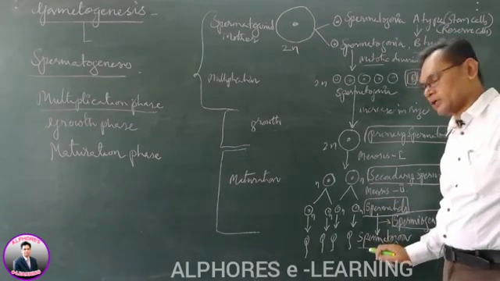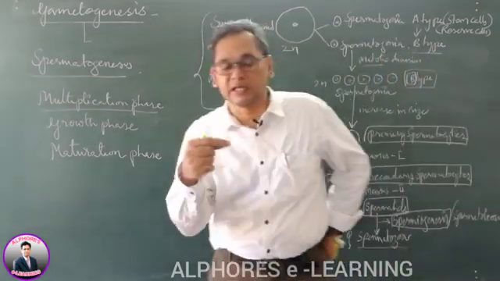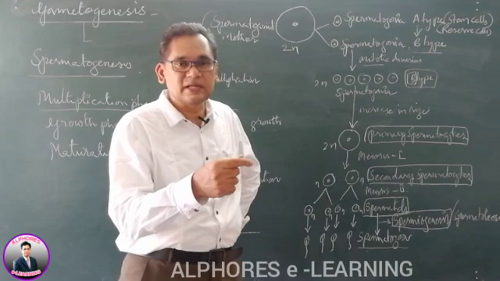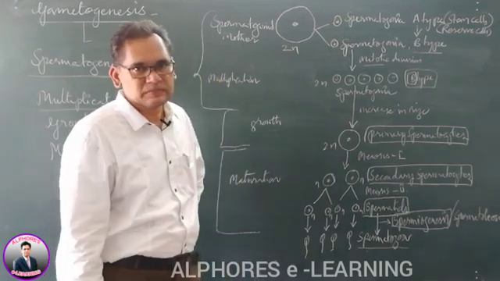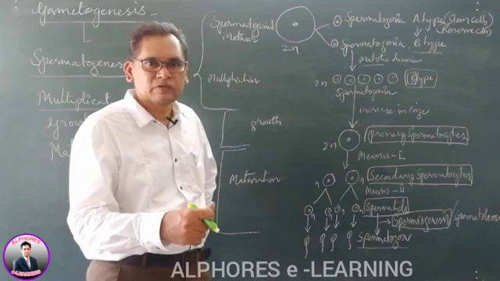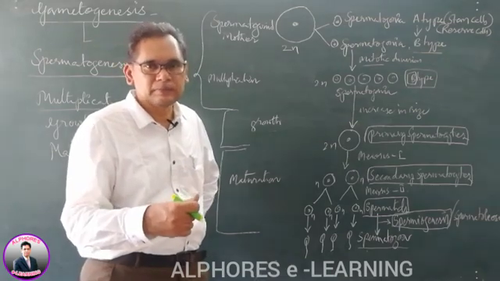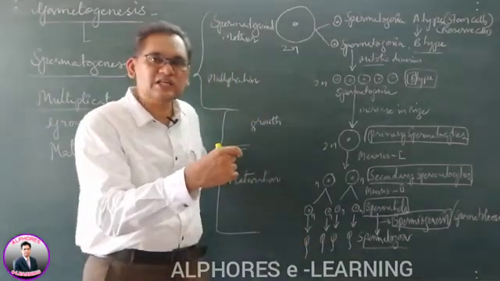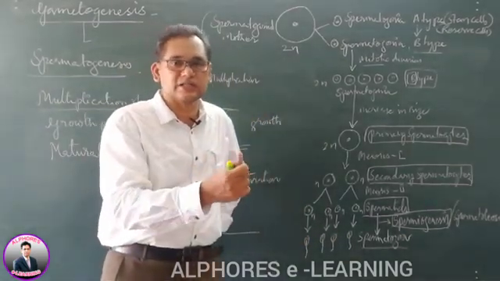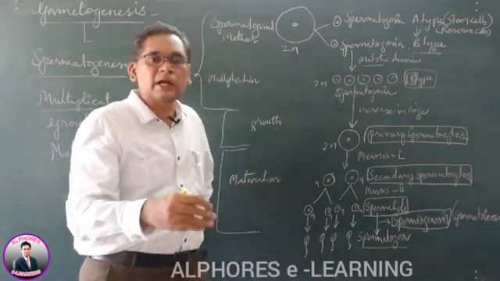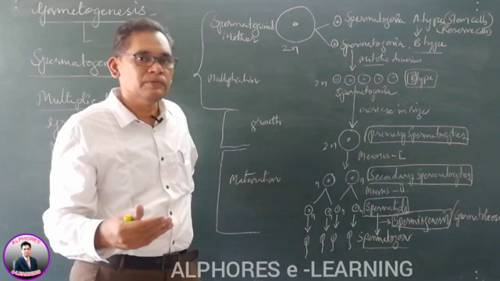These spermatozoa have their heads embedded in the Sertoli cells to get nourishment and maturation further, to get the swimming ability.